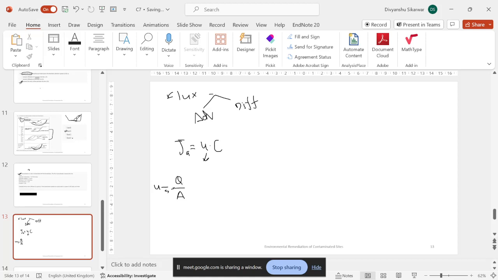So is Darcy's velocity the actual velocity? No, sir. The actual velocity is basically the seepage velocity. Darcy's velocity we can also write as hydraulic conductivity times gradient.